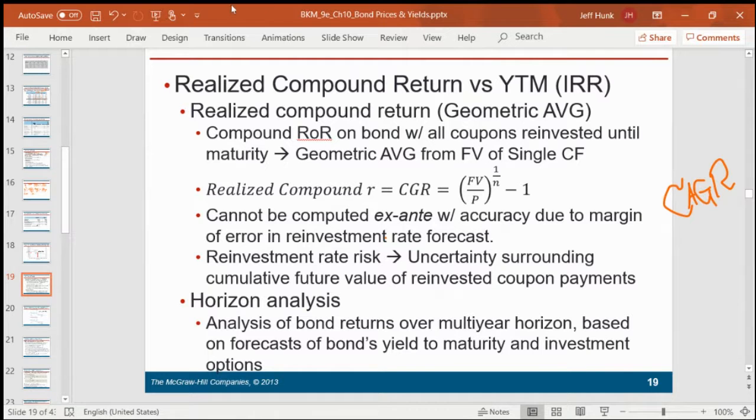So it is basically how we find the growth rate or annualized return, the annualized growth rate.